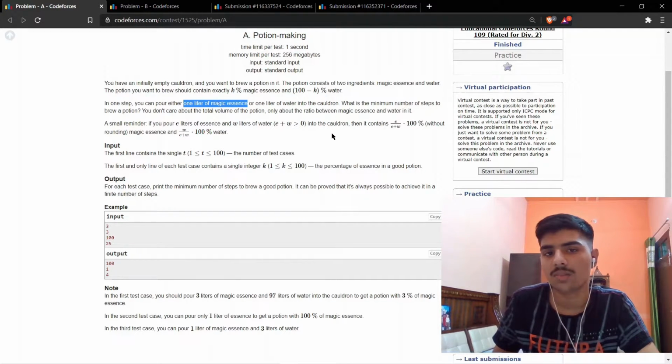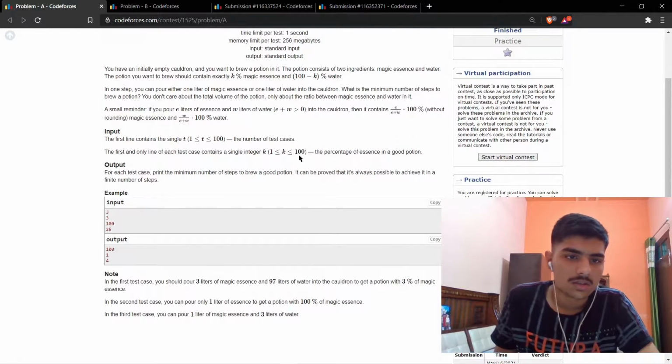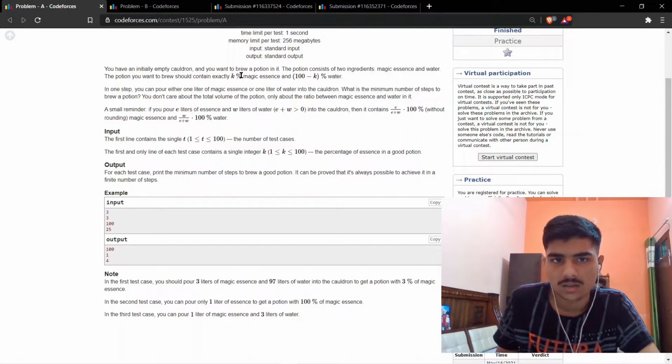So we need to print the minimum number of operations such that the ratio between magic essence and water is k upon 100 minus k. Like 3 percent should be the magic essence, and the rest 97% should be water. So how many operations do we need to do here?